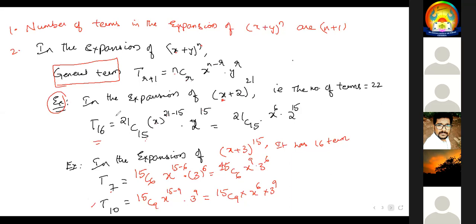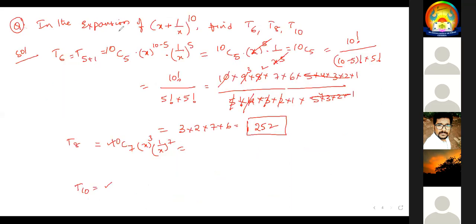Now the question I gave them: in the expansion of (x + 1/x)^10, what is the 6th term? They said, sir is asking the 6th term, so we should write 10C5 into x to the power of the difference into (1/x)^5.